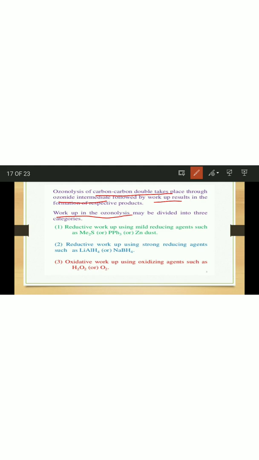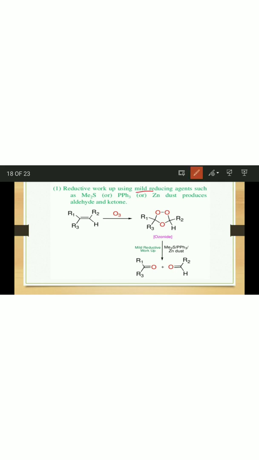The workup in the ozonolysis is divided into three categories. The first one is the reductive workup using mild reducing agents such as dimethyl sulfide, triphenylphosphine or zinc dust. In the presence of ozone, it will form an intermediate ozonide product, which on the mild reductive workup yields an aldehyde and ketone.